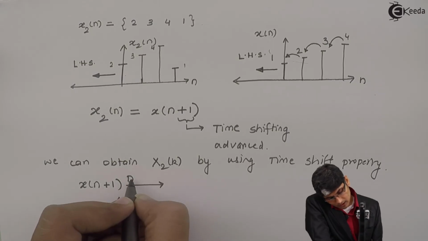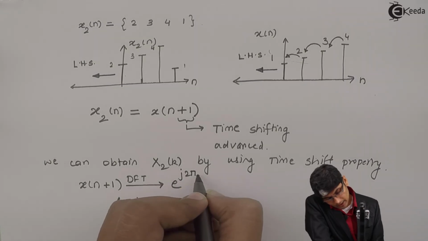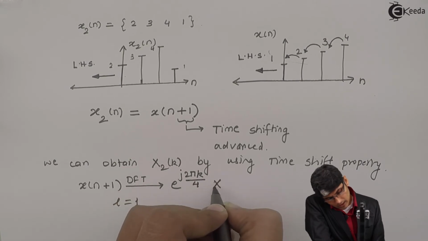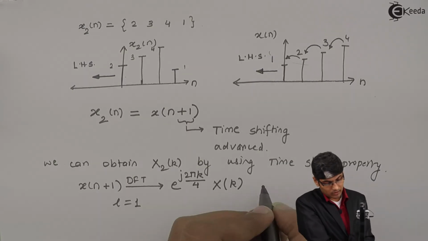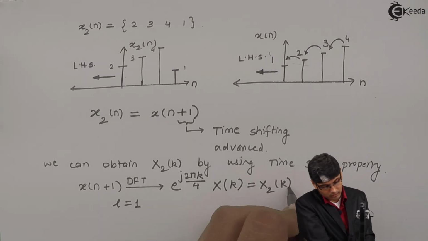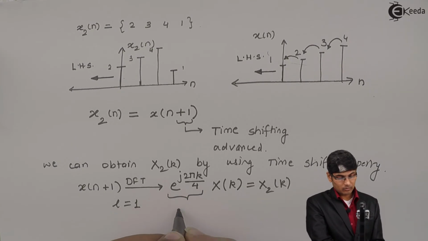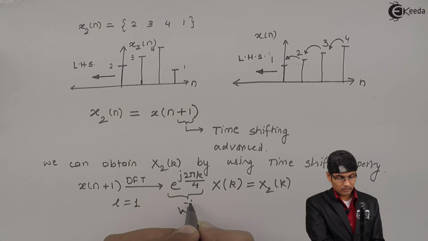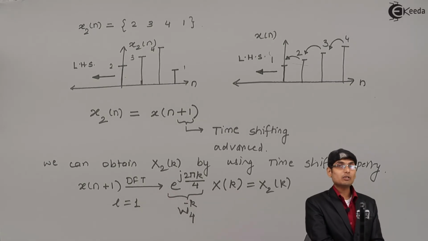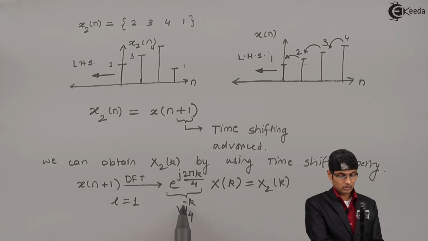So its DFT is nothing but e raised to plus j 2 pi k by 4 times x of k, which is equal to x2 of k in this case. So let us directly write this as w 4 raised to minus k, because w always has minus values. Here the e is plus, so I should write minus over here.